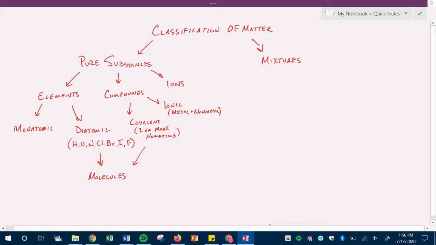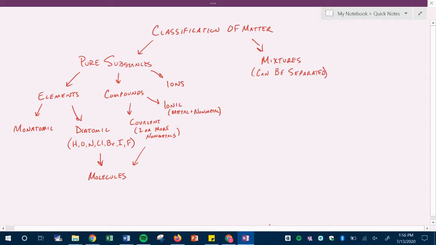Now let's talk about this other set that we haven't talked much about yet, which is our mixtures. Now, mixtures in general are things that can be separated. So if you're talking about whether something is a mixture versus a compound, the idea is compounds are substances that are chemically bonded together, whereas mixtures aren't chemically bonded together.